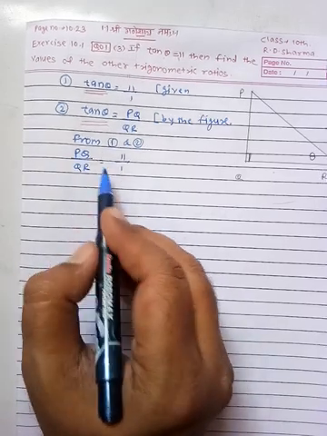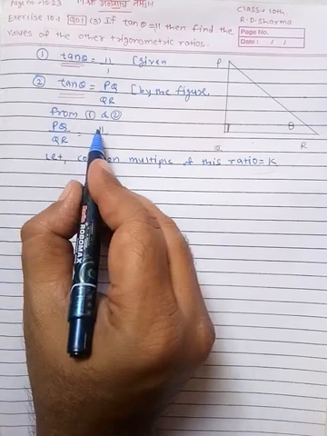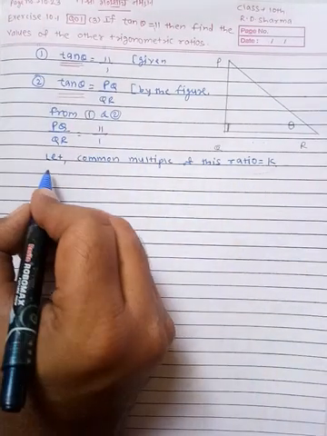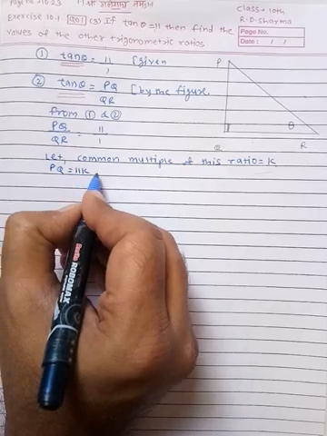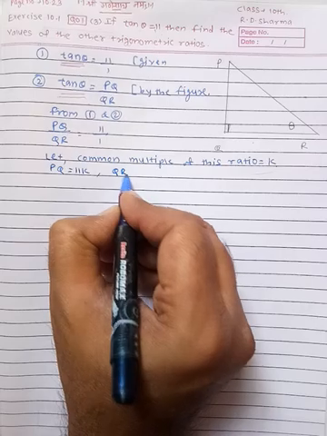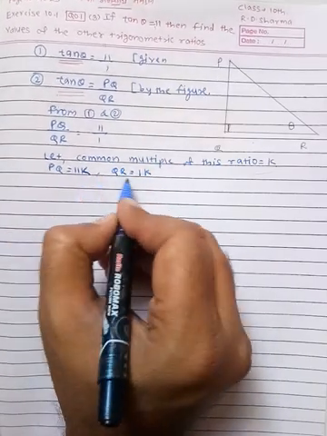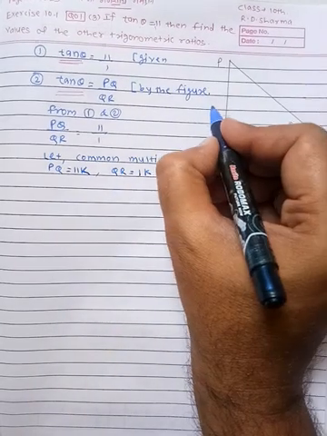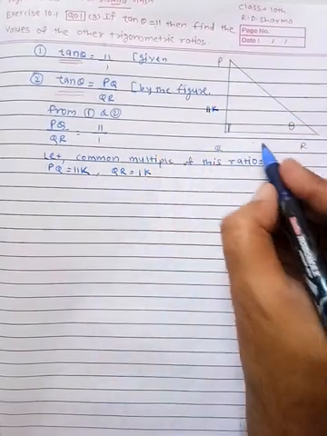Let the common multiple of this ratio be K. So PQ is equal to 11 into K, that is 11K, and QR equals 1 into K, that is 1K. Put this value in the figure. PQ is 11K and QR is 1K.